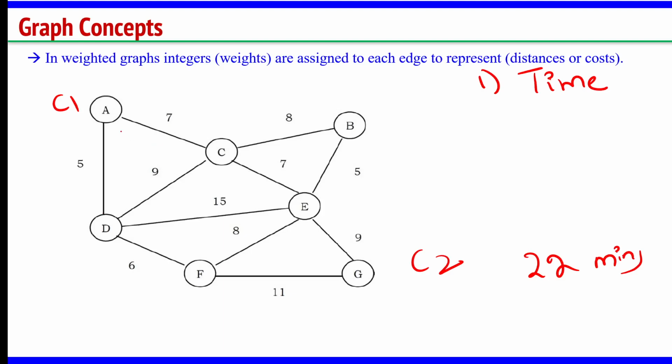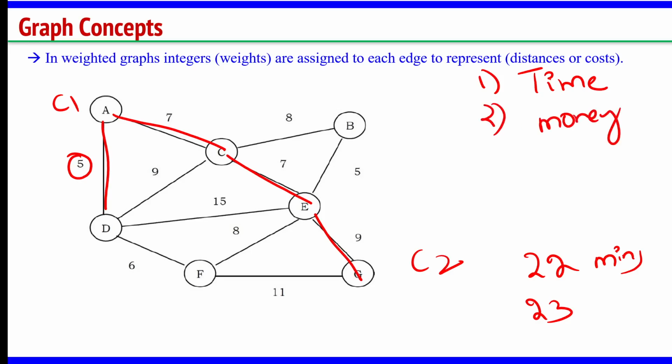Is there any other way? If I take A to C, then C to E and then come here, 14 plus 9, this is 23, this is larger again, right. So, in a weighted graph, sometimes on an edge there will be a number, and the weight might indicate time. Second one, money. You have to reach from city A to city E. How do you reach at less cost?